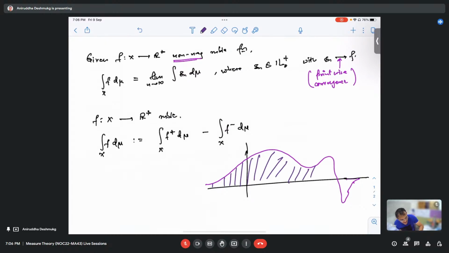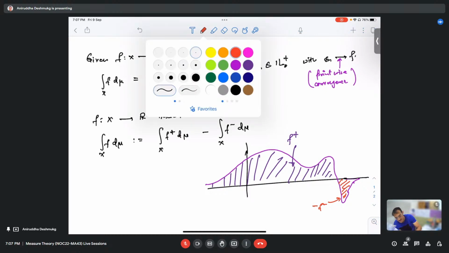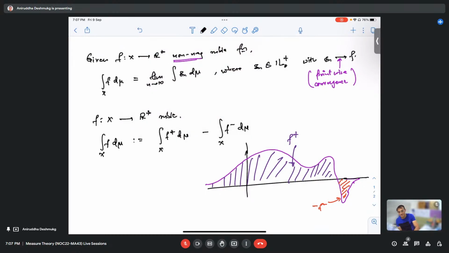It could be calculated using the previous definition for non-negative functions. So this is our f plus. And then let us look at this area. But this is minus f minus. So we have to subtract it because it is in the negative direction. So this definition is also intuitive, and moreover it helps us prove that this integral is actually linear.